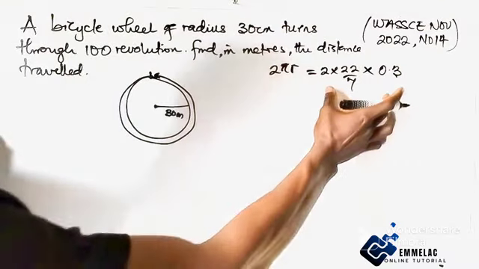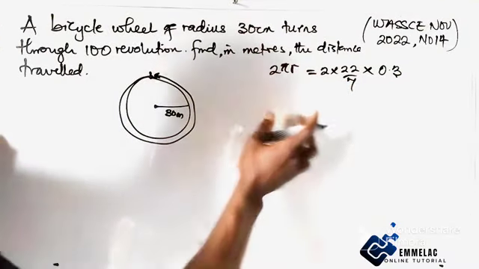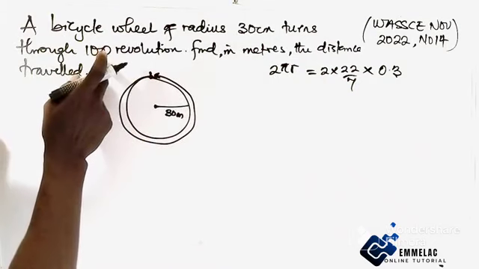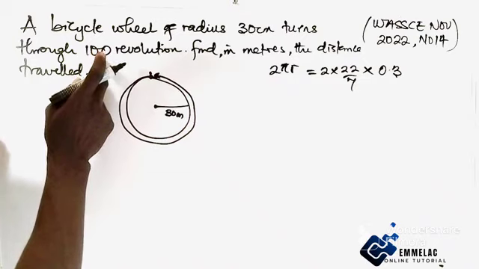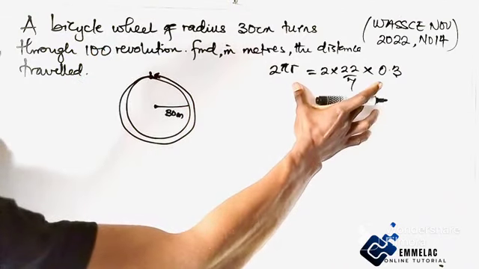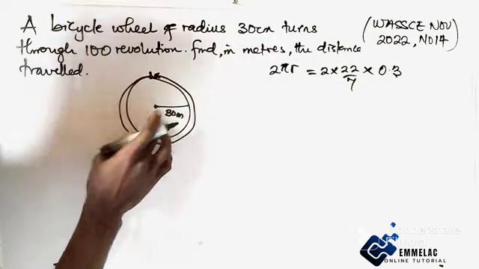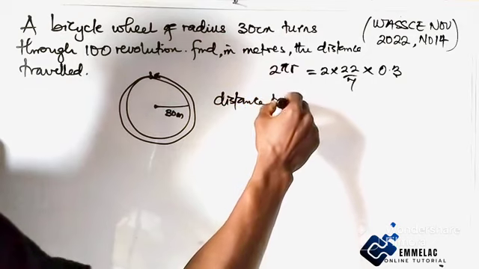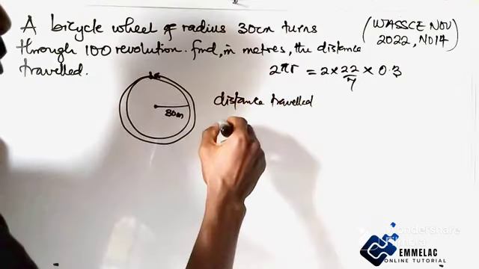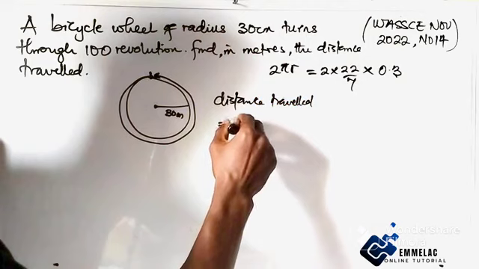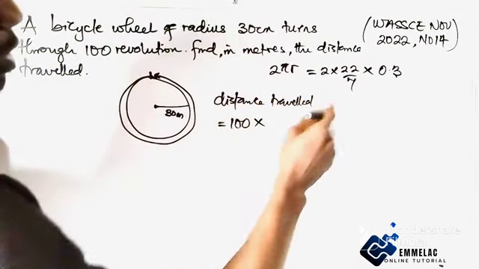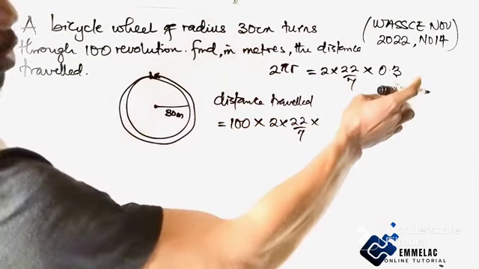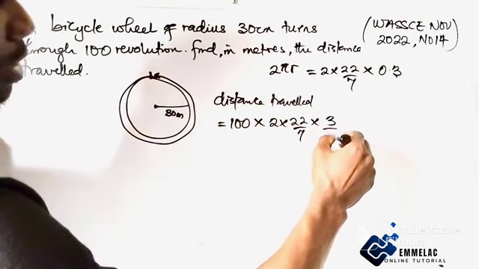Now that we have the value of this, the distance traveled will be the number of revolutions times the circumference of the wheel. So the distance traveled equals 100 revolutions times 2 times 22 over 7 times, putting 0.3 as a fraction, 3 over 10.